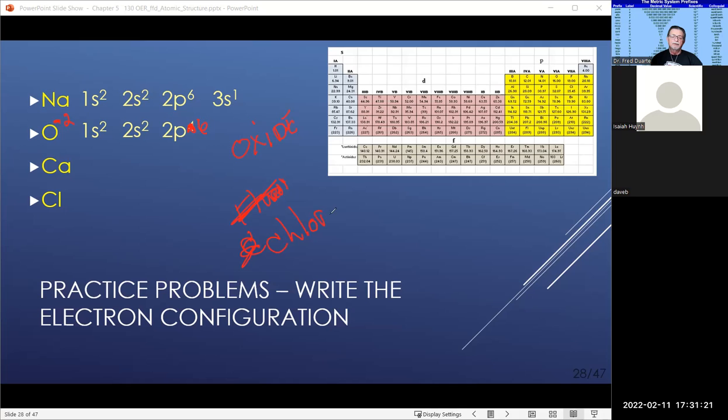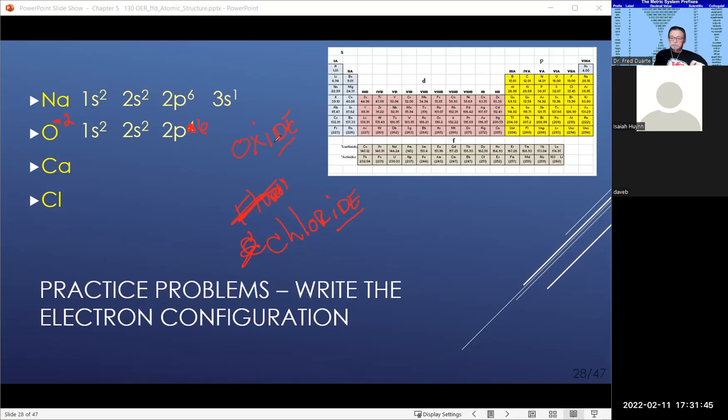Chloride, coming from chlorine, -ide. The chlorine became chloride when it gained 1 electron. The fluorine became fluoride. Oxygen became oxide. The nonmetals, when they become ions and gain electrons, we have to change the name.